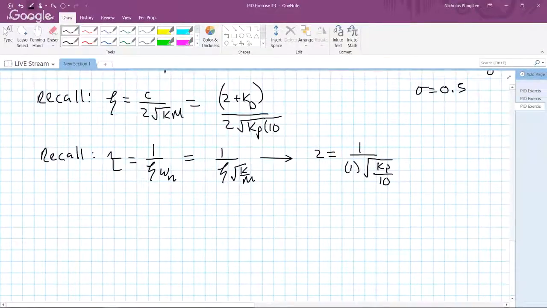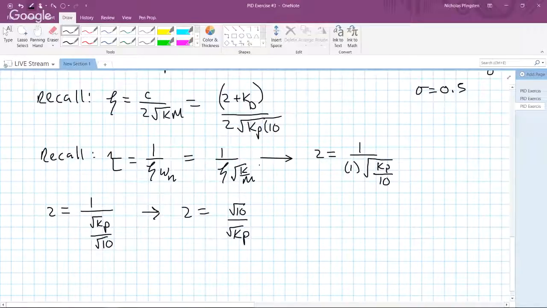So it's 2 equal 1 all over square root of kp all over square root of 10. We can flip that over. It'll be 2 equals square root 10 all over square root kp. I can square both sides, which will give us 4 equals 10 over kp.